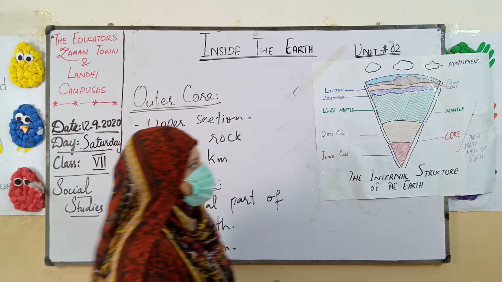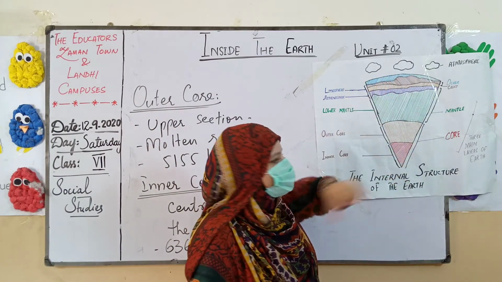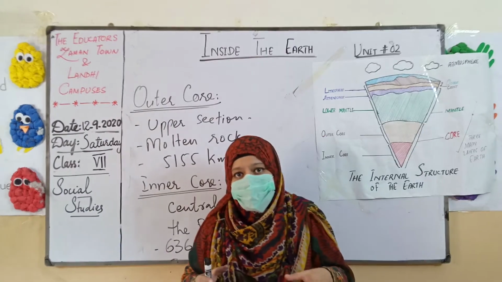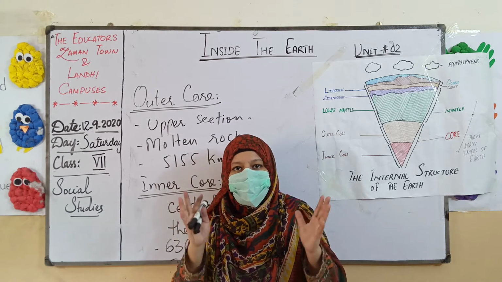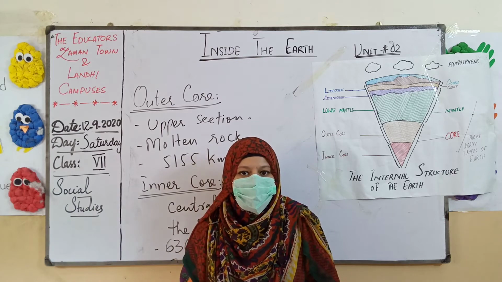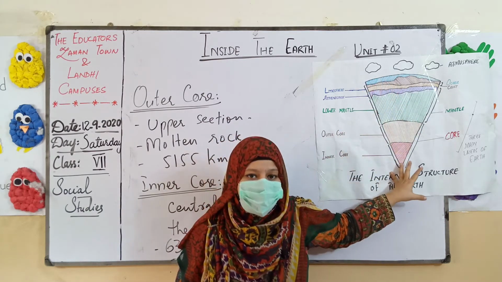Some of you may start thinking how we may describe the inside structure of the earth with this cone or pizza slice shape. Consider the earth like a melon, like an apple, like a ball, and we cut out a section. If we cut a section to the middle part of the earth, then we divide the earth into these layers.